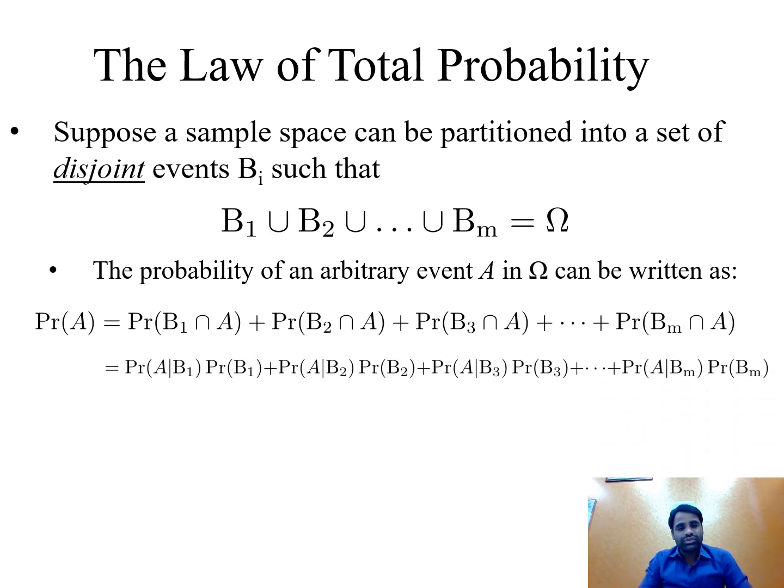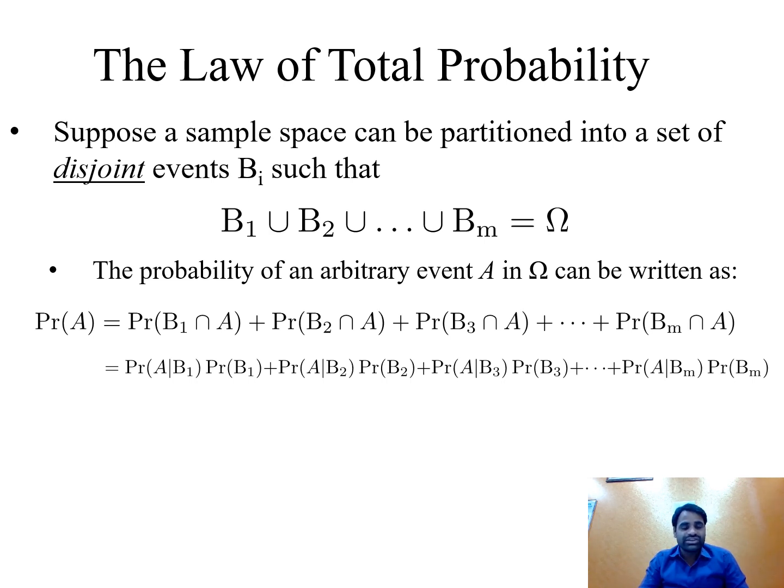From the multiplication theorem, probability of A intersection B equals probability of A given B into probability of B. Similarly, probability of B1 intersection A equals probability of A given B1 into probability of B1.